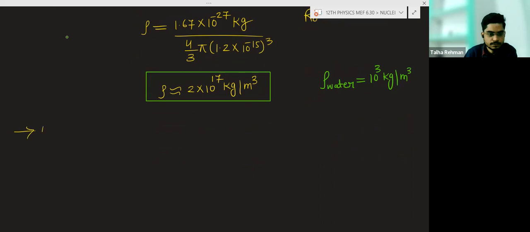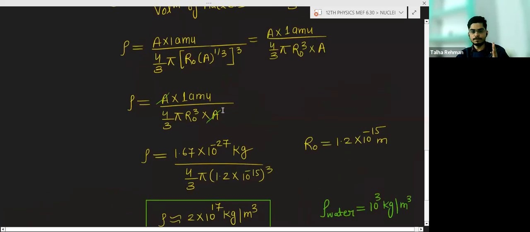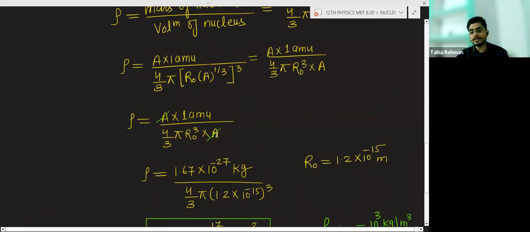Nuclear density varies slightly with the type of nucleus. And the reason is isotopes, because when you take isotopes into consideration, this A and A will not cancel out; this A will be something different.